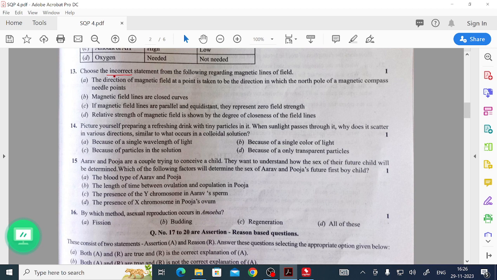Option A: The direction of magnetic field at a point is taken to be the direction in which the north pole of the compass needle points. So let us take a magnetic field over here.